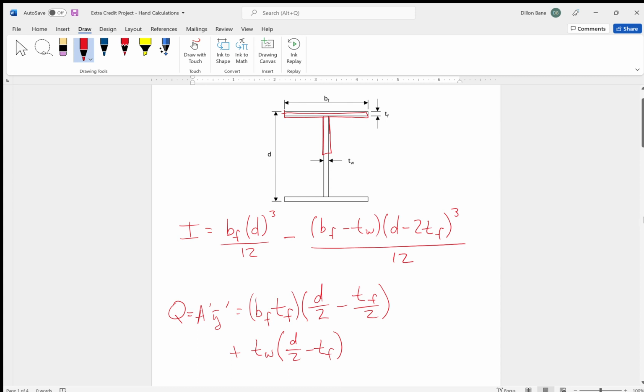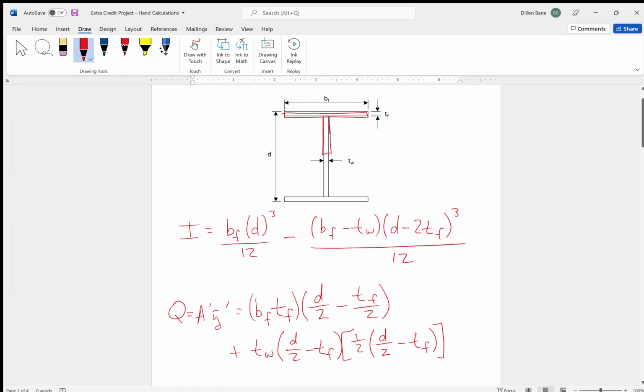And then the y bar prime is going to be equal to half of the height of that shape, which is half of d over 2 minus t_f. Okay, so that's Q for all of the area above our neutral axis. We're going to take these two equations into our Excel spreadsheet.